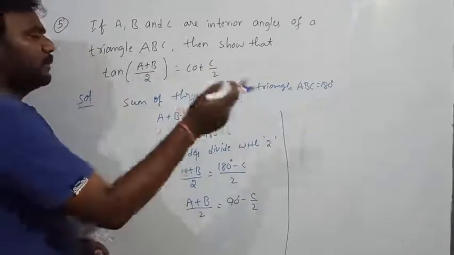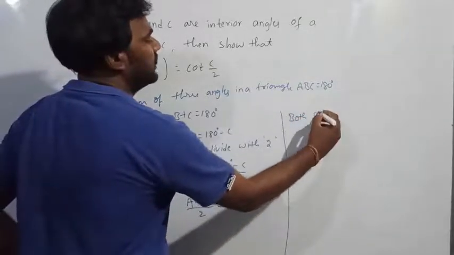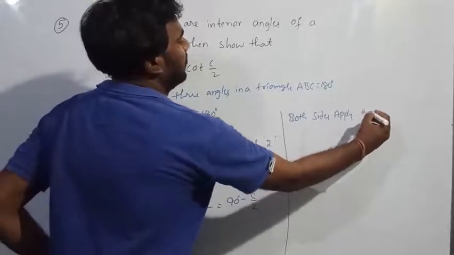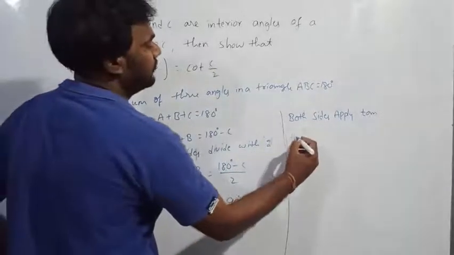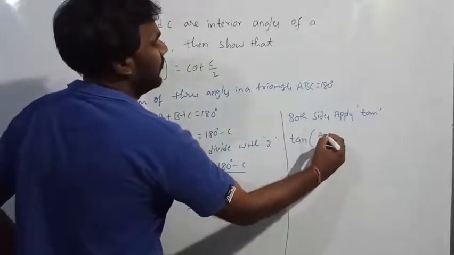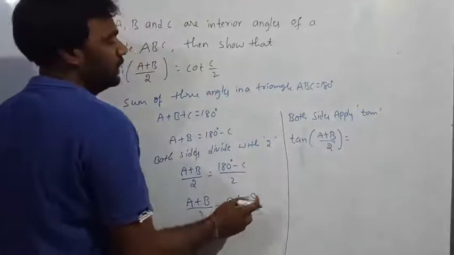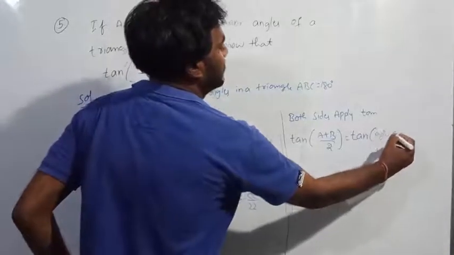I want tan here, so apply tan on both sides. So tan of (A plus B) by 2 equals tan of (90 degrees minus C by 2).